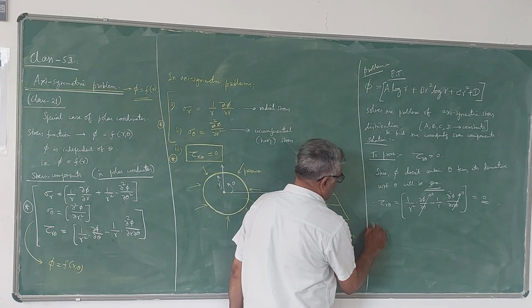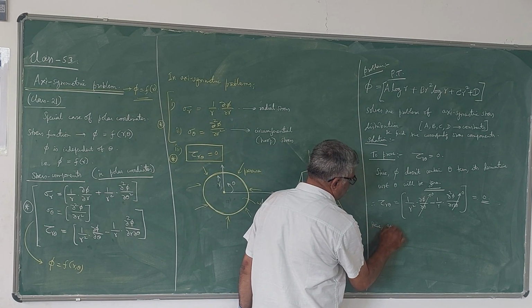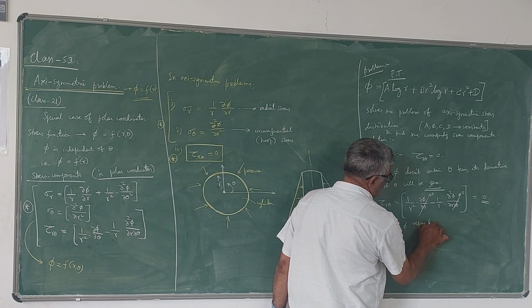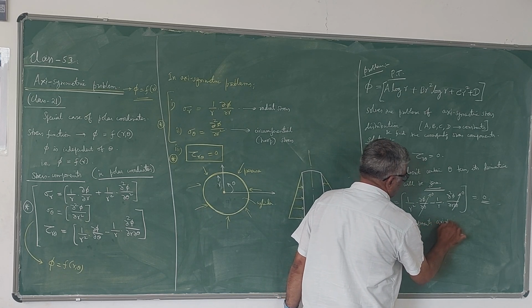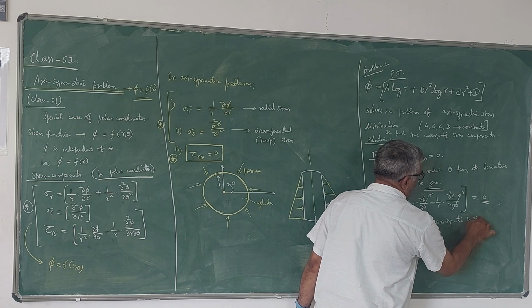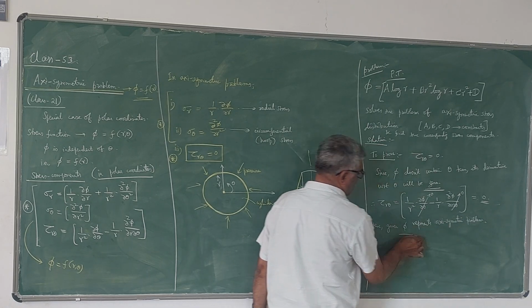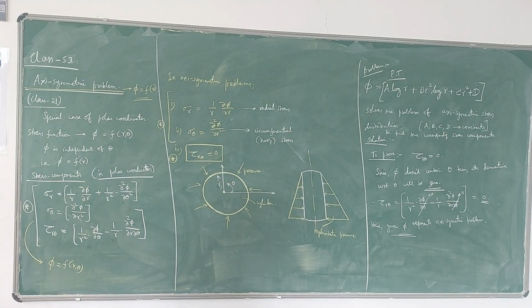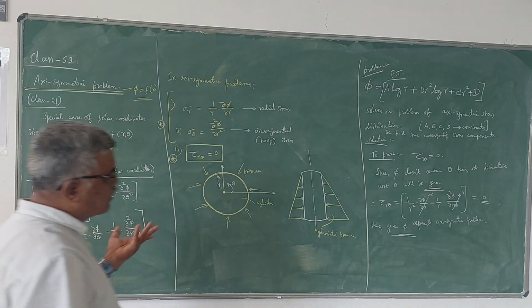Hence the given phi represents an axi-symmetric problem. The first part is over. Simple. Since phi doesn't contain a theta term, the derivative with respect to theta is 0.